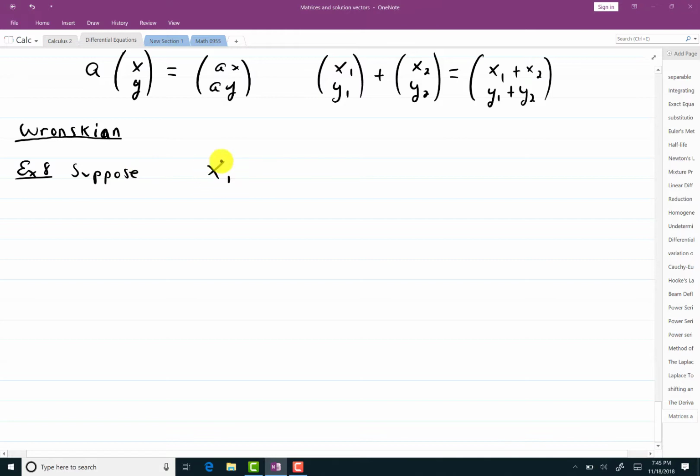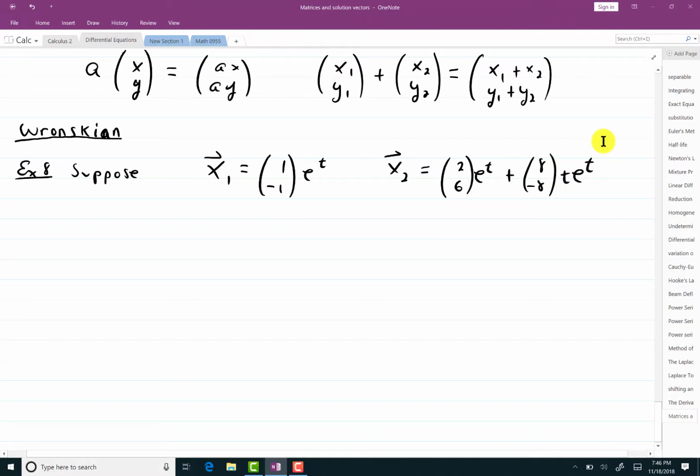that x1 arrow equals (1, negative 1) e to the t, x2 equals (2, 6) times e to the t plus (8, negative 8) t e to the t.